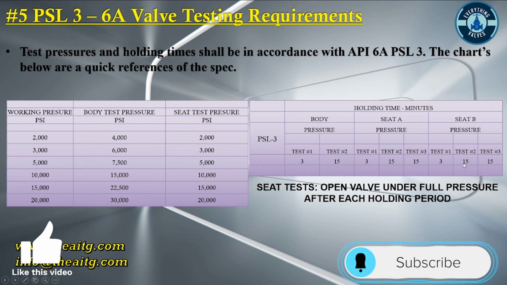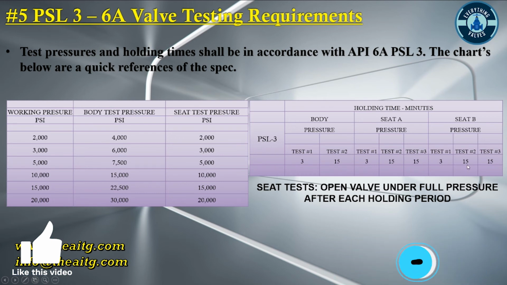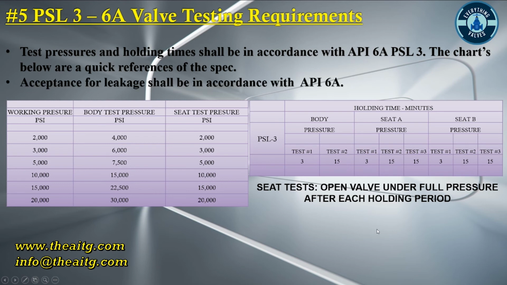And then on your seat B, it is similar, 3 minutes and then 2 15-minute tests. And you must still open the valve under full pressure after each holding period. Acceptance for leakage shall be in accordance with API 6A.